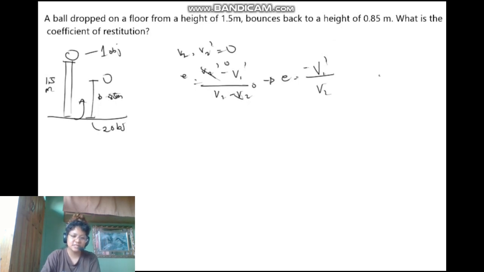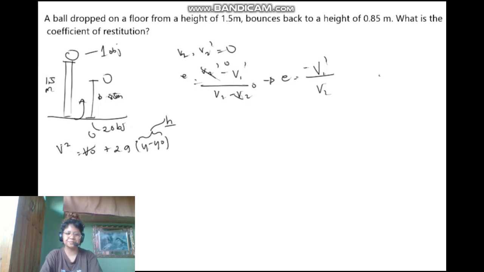So in kinematics, we have this formula wherein v squared is equal to initial velocity squared plus 2g multiplied by y minus y sub 0. This y minus y sub 0, we can just consider as the height. And since the ball was dropped, it has no initial velocity, so that will be 0.